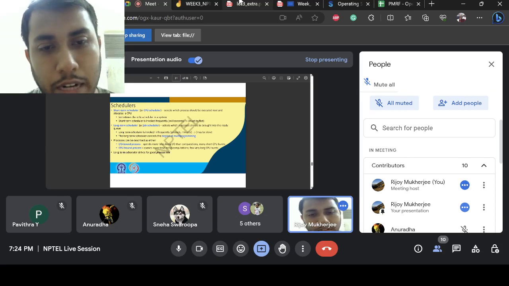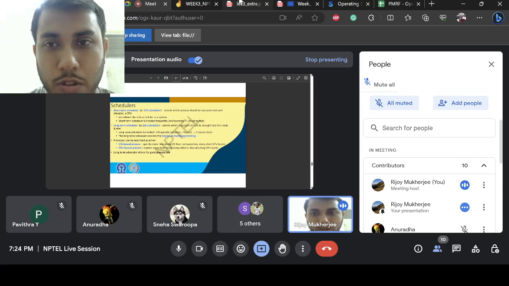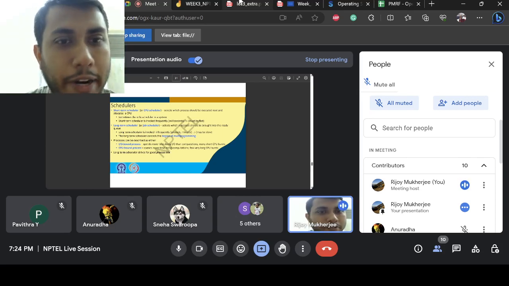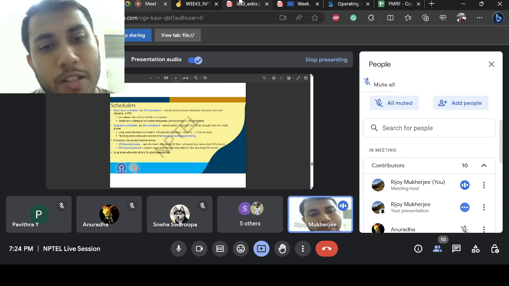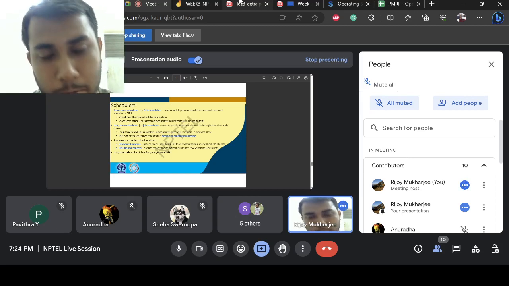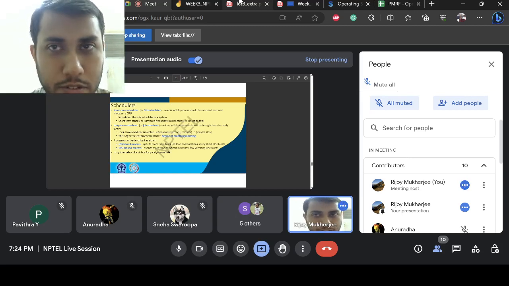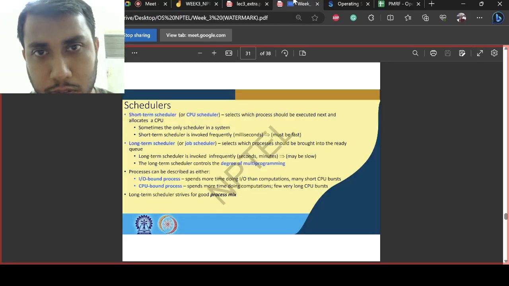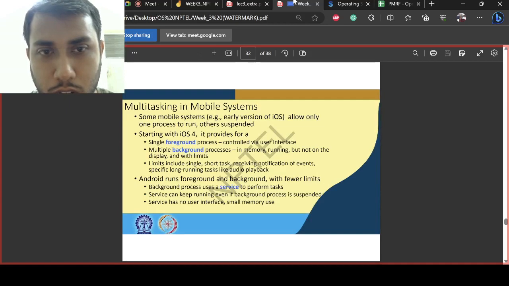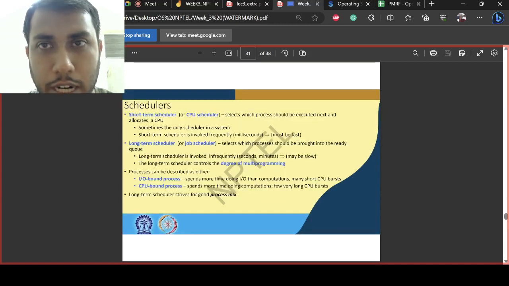Only when there is space available. So it doesn't happen quite often. It takes time, let's say seconds and minutes, whereas CPU scheduling happens in milliseconds. That's why it is short and fast, and that's why the name comes from that. Okay, any doubt regarding schedulers?